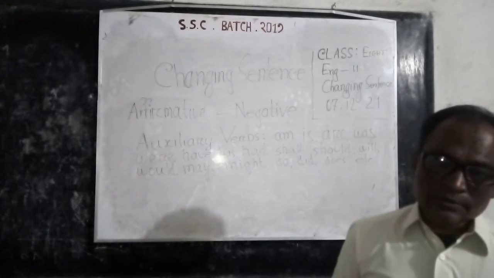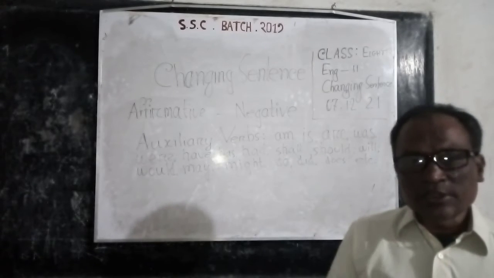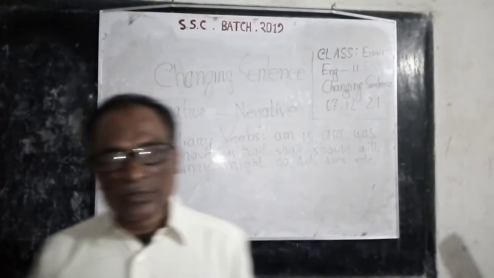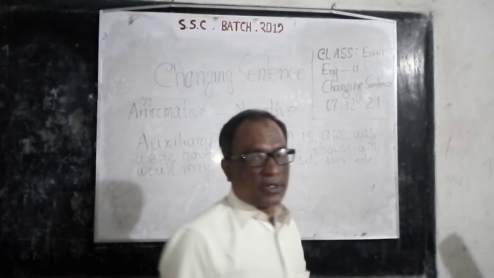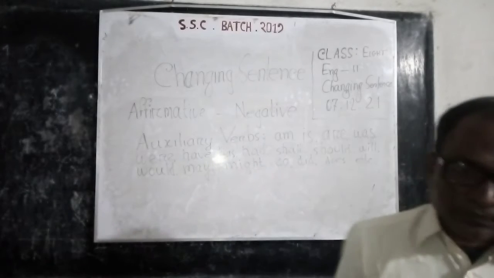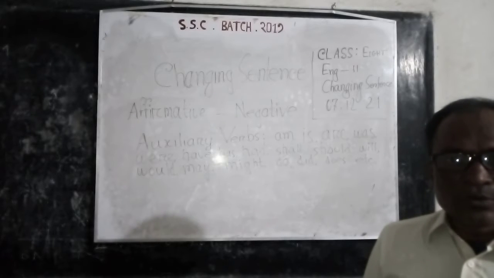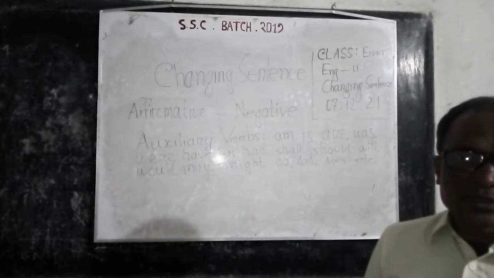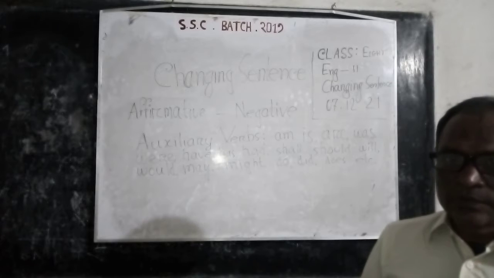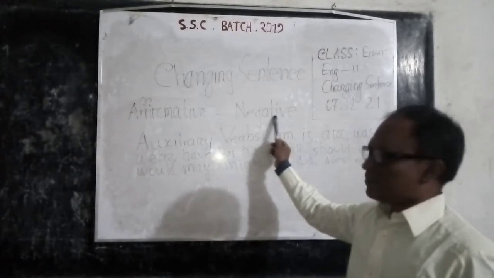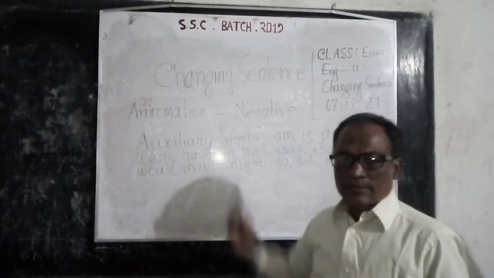We know there are 5 kinds of sentence: assertive, interrogative, optative, exclamatory, and imperative. At first, we know assertive. Assertive sentences are 2 kinds: affirmative and negative.